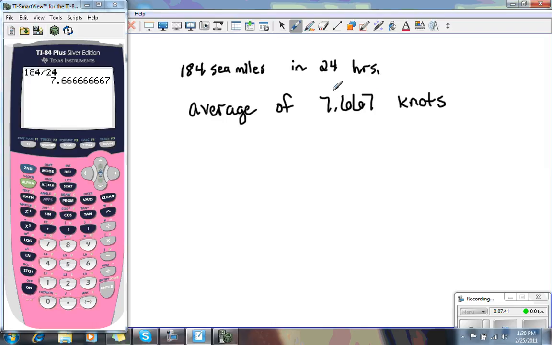Now, remember that the mean value theorem says that if it's a closed interval, which it is, and it is a differentiable function, which this would be, then at some point the instantaneous speed has to match the average speed.